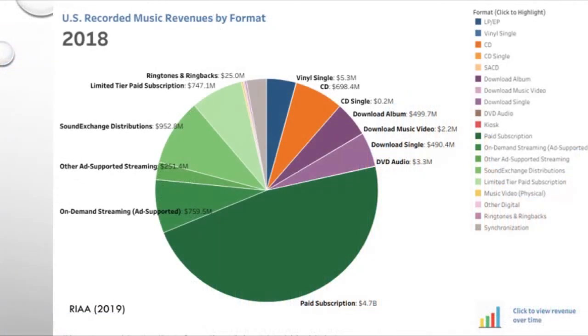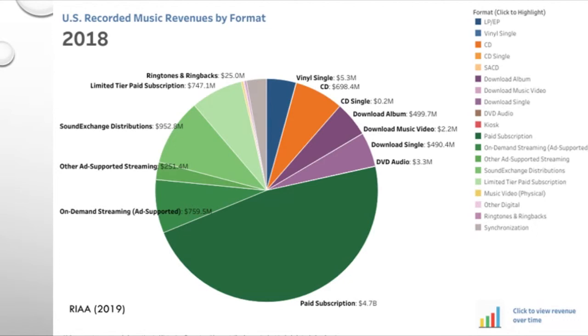Finally, here's a pie chart of revenues in 2018. Basically, everything that's green is some kind of online streaming, whether it be paid subscription or on demand. It's taking over, 75% plus. And then we can see up there the orange, vinyl, and it has reduced down to just a very small slice.